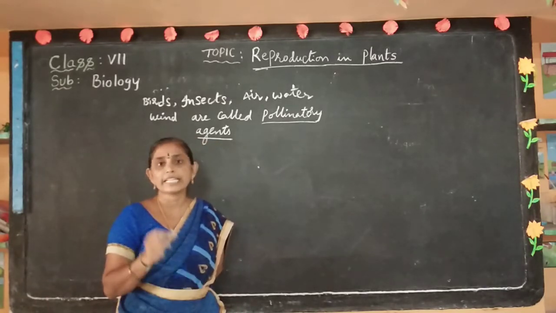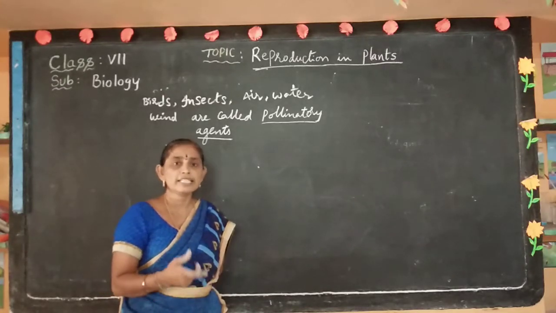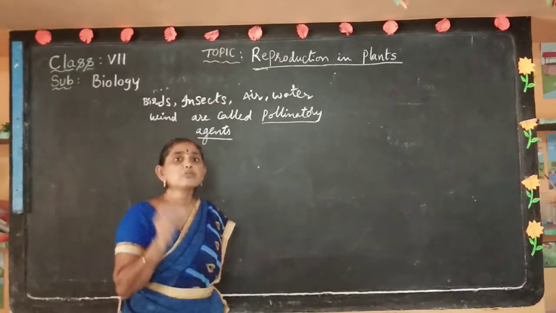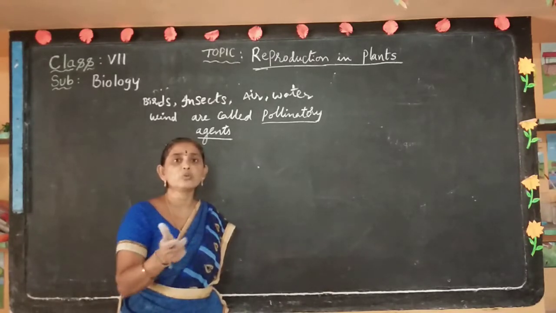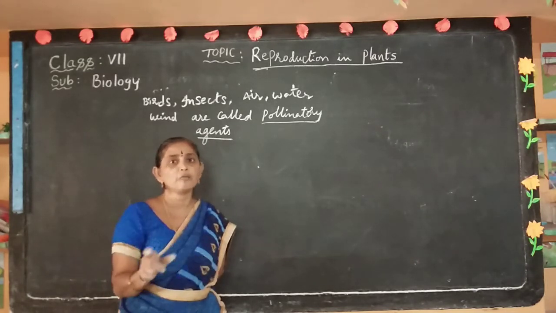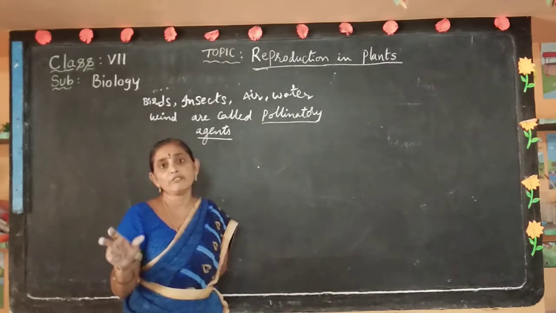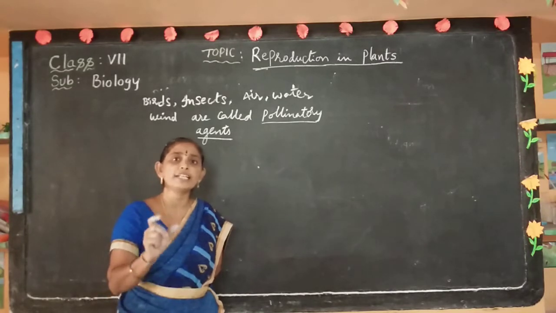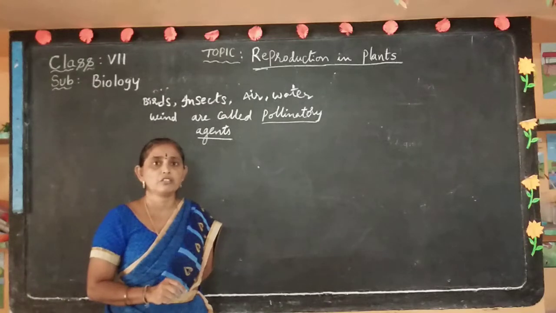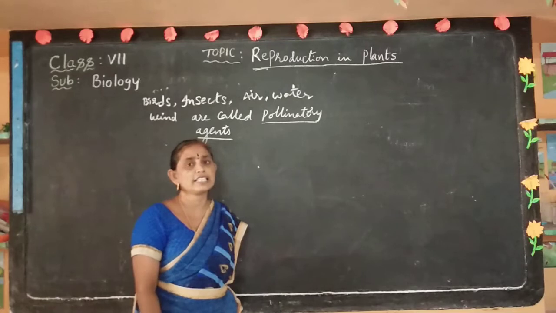For example, in a sunflower crop, when spraying of pesticides and insecticides is excessive, the insects die. Actually, sunflower is pollinated through insects. When the insects die, there is no pollination. That's why the flowers do not form seeds, and then crop yield is reduced. It is very dangerous to nature. We should not spray large amounts of pesticides and insecticides.